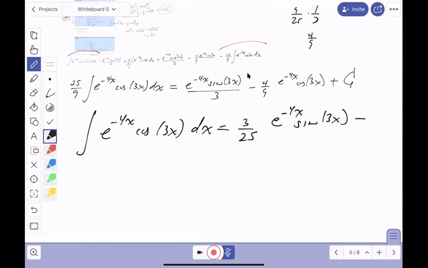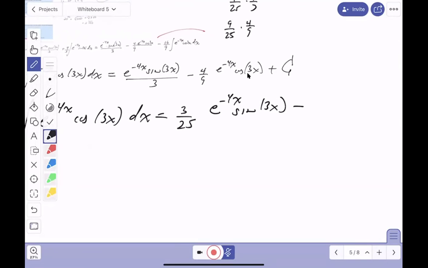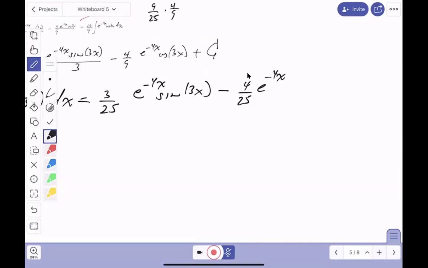4/9 times 9/25 would be 4/25. Write this over here. E to the minus 4x cosine 3x plus c. I'm going to factor that. And I'm going to factor out a 25th on bottom.